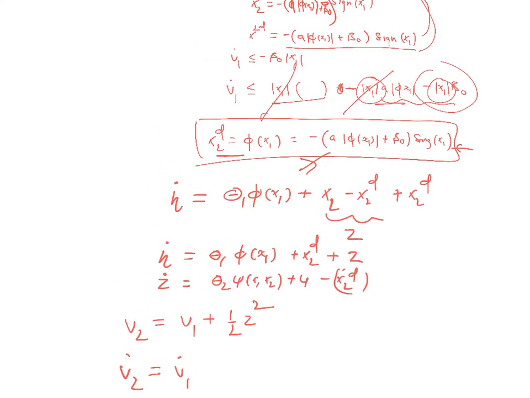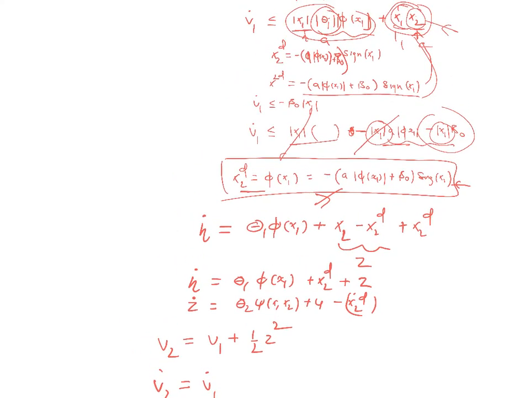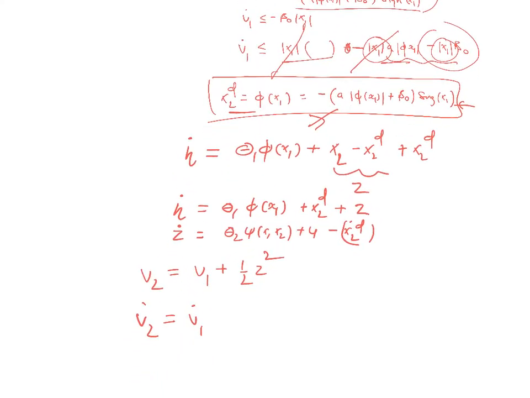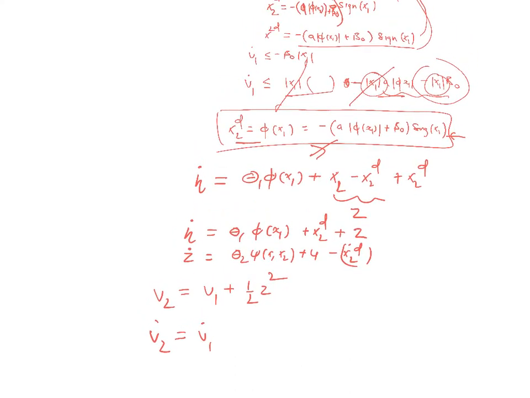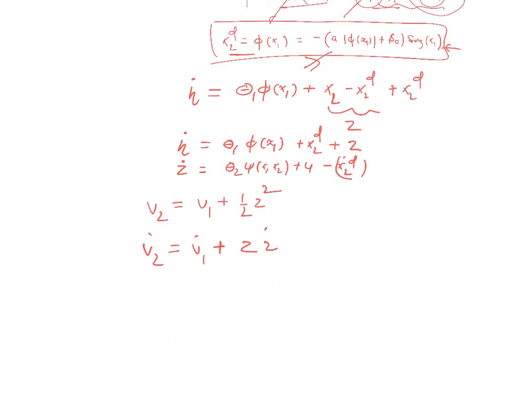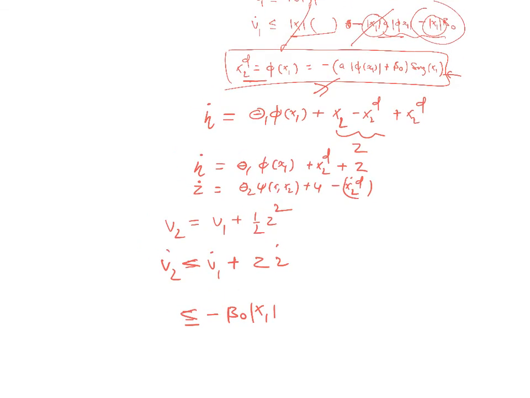If you plug in v1 dot, it is less than or equal to minus beta 0 x1 plus x1 into z.